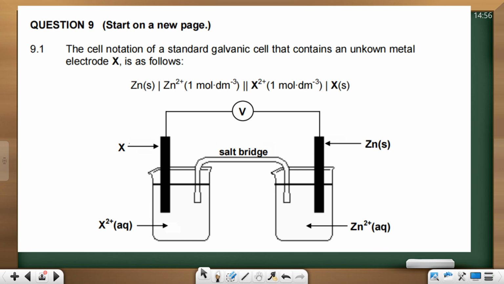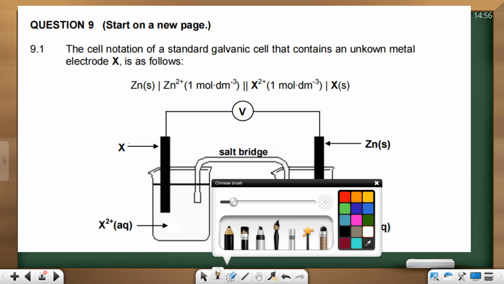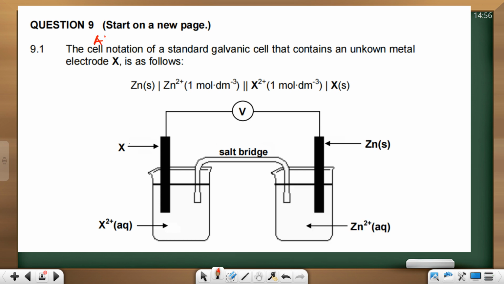All right, let's answer the following questions. Now, the cell notation of a standard galvanic cell. They told us that it is a cell notation. Remember, cell notation is as simple as A, B, and C. I'm glad we just looked at that. What do you see here?